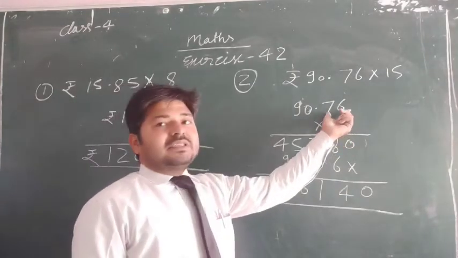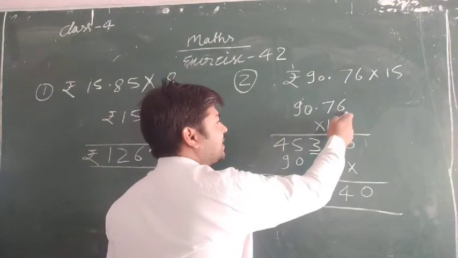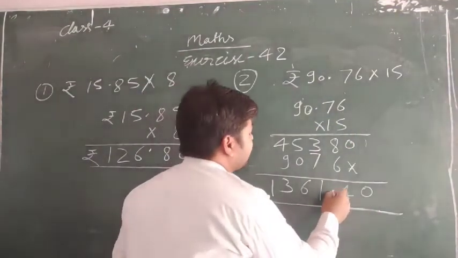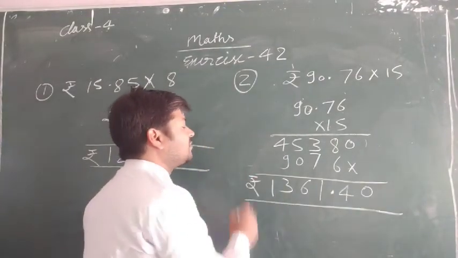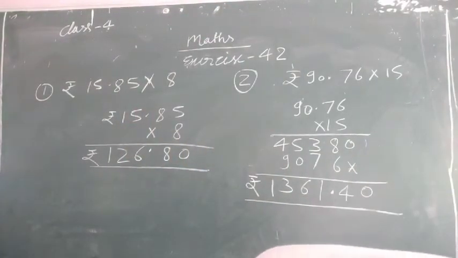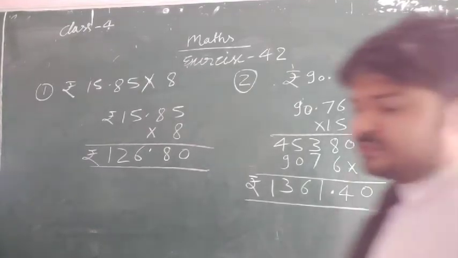Now you have to see the decimal. How many digits are there? 1, 2. From the right side you will count. After 2 digits you have to shift the decimal. Put the decimal. So what your answer is 1361.40. So like this you can do multiplication easily. Okay.